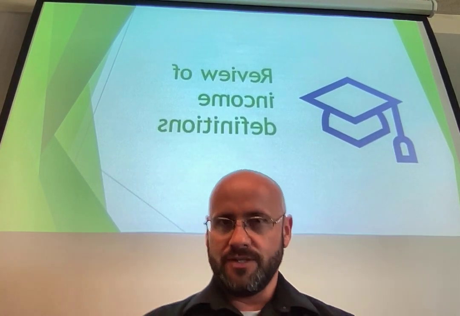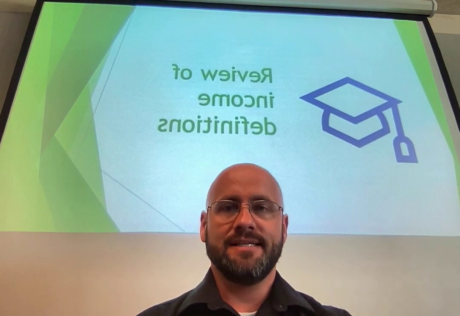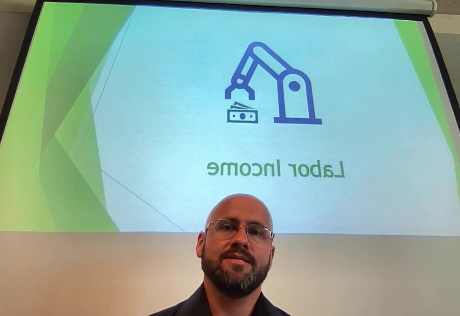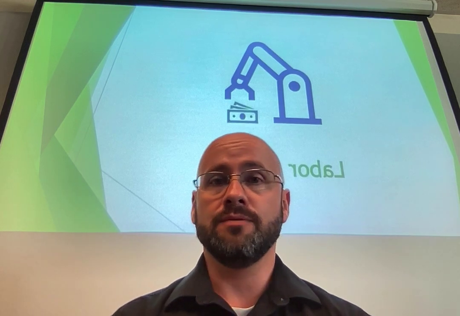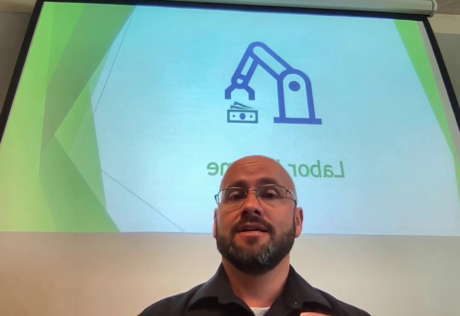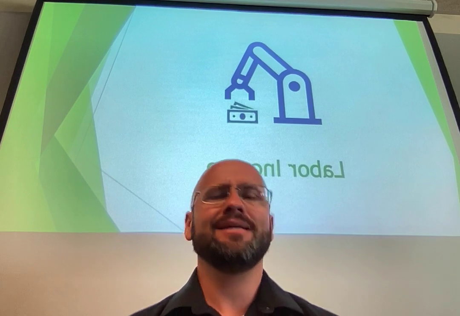Let's first make sure we understand definitions of income. So income is the money. For labor income, that means you work today and you get paid right away. The money comes to you because you put in that time. Any way that is set up for you in your life, you have your salary, you have your compensation. I saw at Pizza Hut, they're planning on paying the same day.